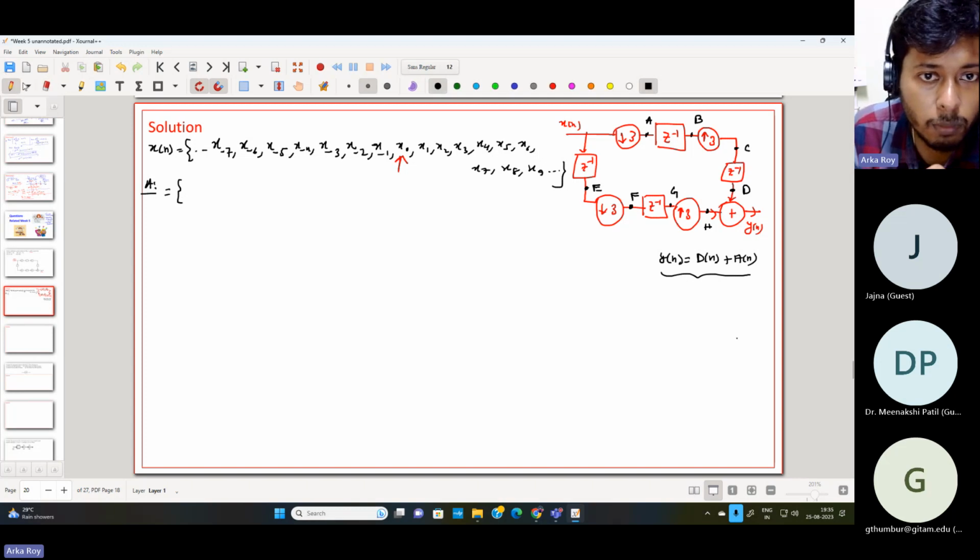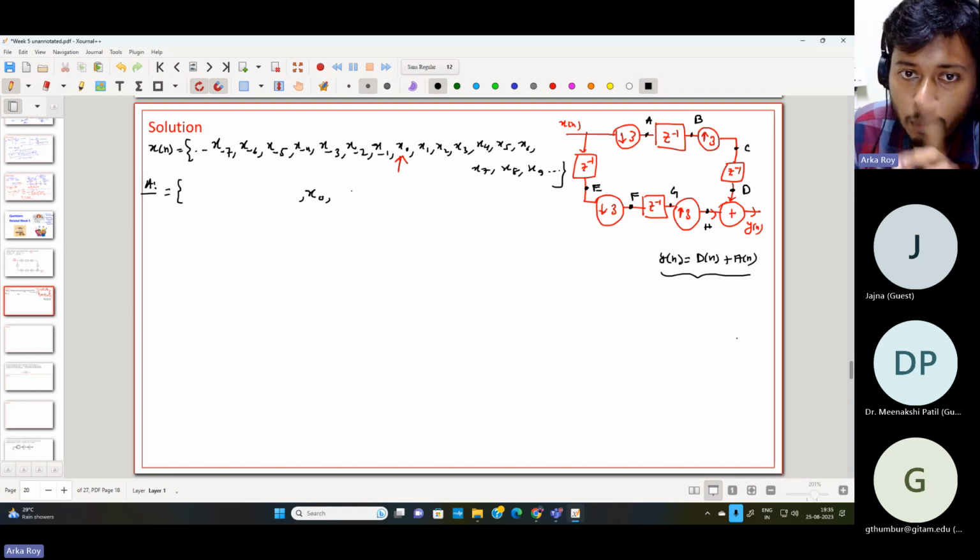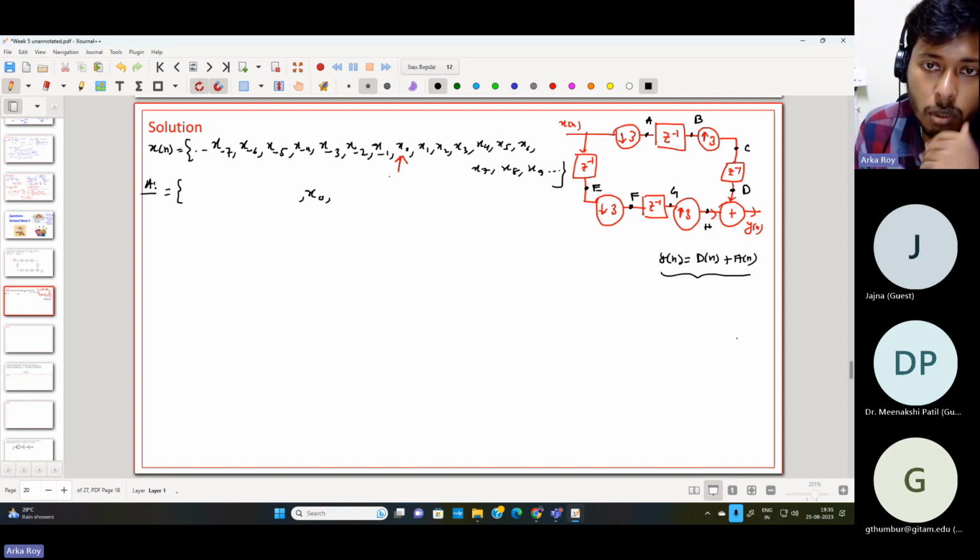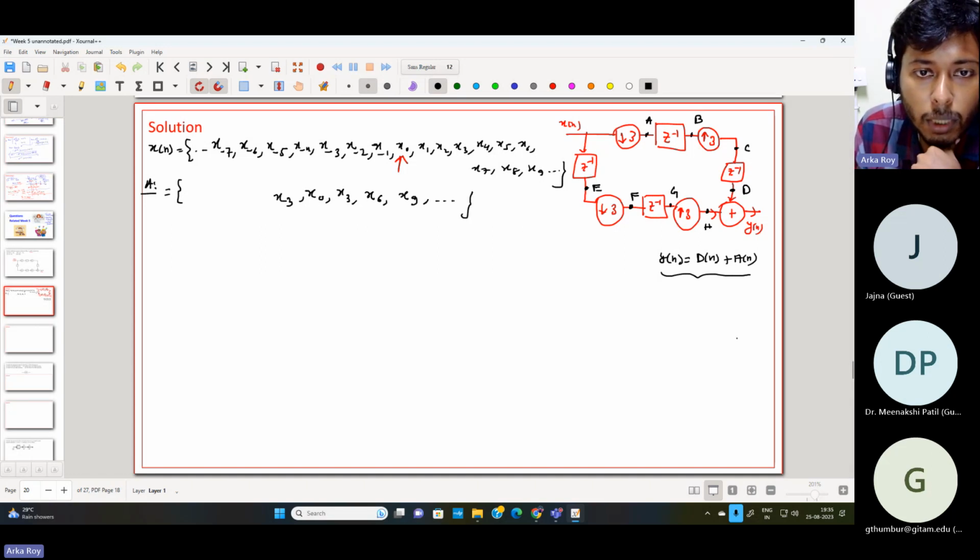So I will get x0 at the same position. Then from the third point, I will get the next sample, x3, then x6, then x9, then dot dot. And similarly over here, I will get x of minus 3, then x of minus 6, then x of minus 9, and then dot dot.